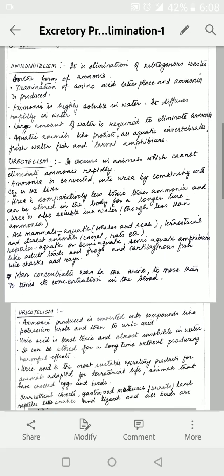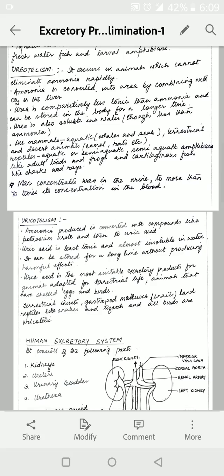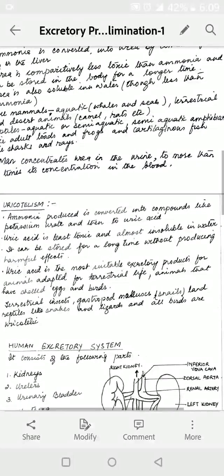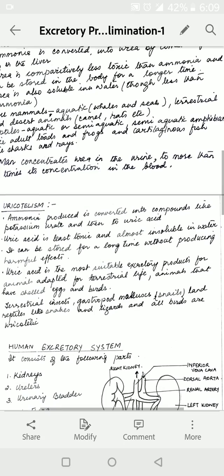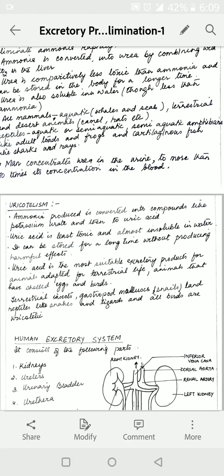Then the third category is uricotelism. As I have already told you earlier, uricotelism means animals that excrete uric acid as their nitrogenous waste. Now the ammonia that is produced is converted into compounds like potassium urate, and then they are converted to uric acid in the liver of higher animals.